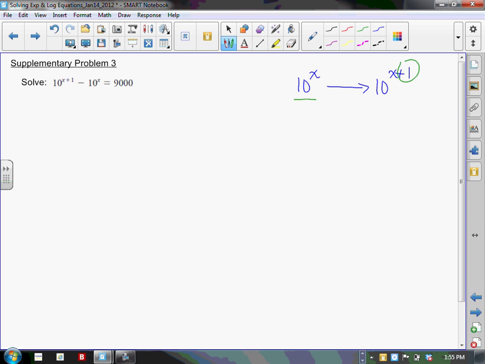Well, in order to add exponents, the bases must be the same, yes? So if we have 10 to the x, and I expect to add 1, then I must multiply that by 10, or 10 to the 1. This would get me to 10 to the x plus 1.